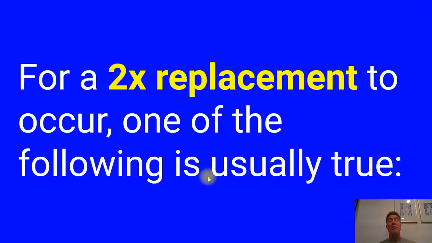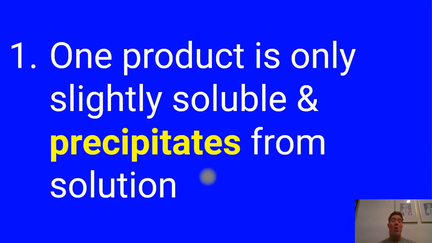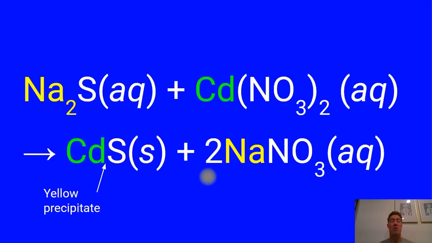So for a double displacement reaction to occur, usually one of the following is true. One product is only slightly soluble and therefore precipitates or falls out of the solution. In this case, here we have sodium sulfide plus cadmium nitrate. They're going to do a switcheroo, right?